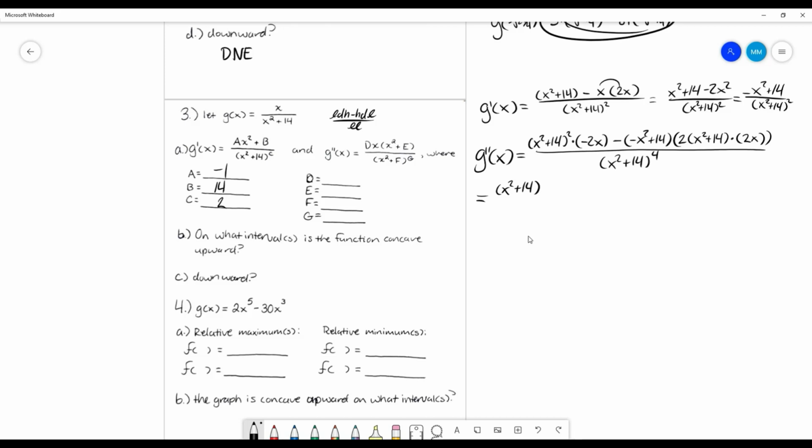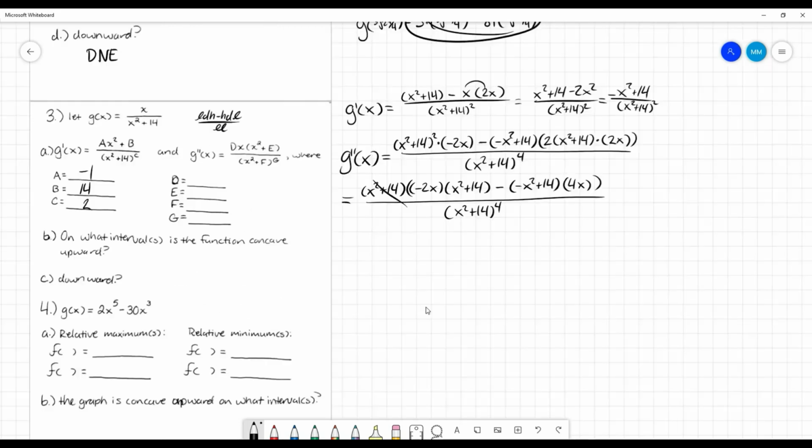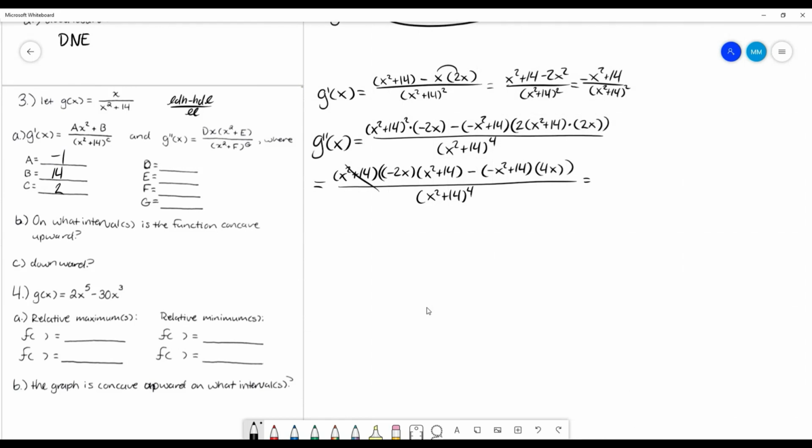And then I've got a negative 2x times the remaining one there, because this is squared, minus this here, and I factor out this, so it's just the 2 times the 2x, which is a 4x, all over this. So 1 cancels out, and I'm going to move this over for a moment.